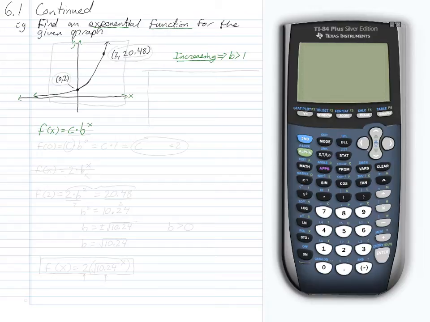Alright, but we actually have some points to work with. So remember that f of 0 equals 2. Now f of 0, based on the structure of our function that we know about so far, would look like c times b to the 0, which would be c times 1, which would be c, so it looks as though c is equal to 2.